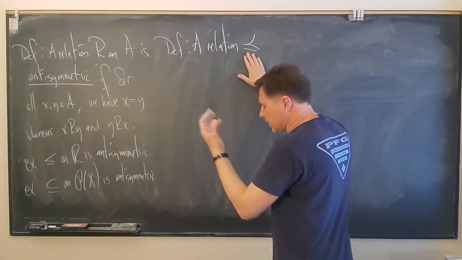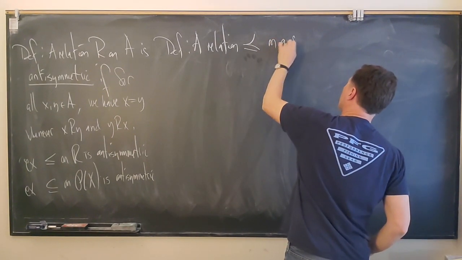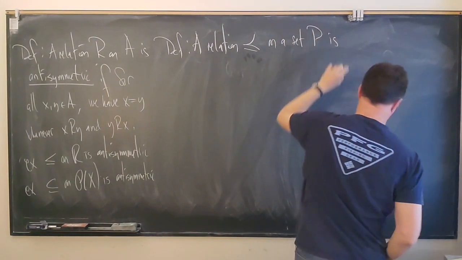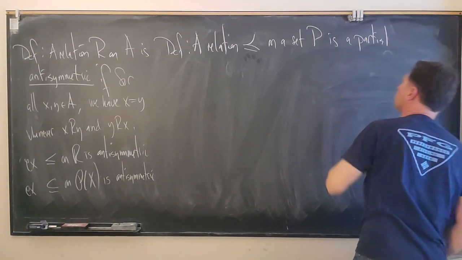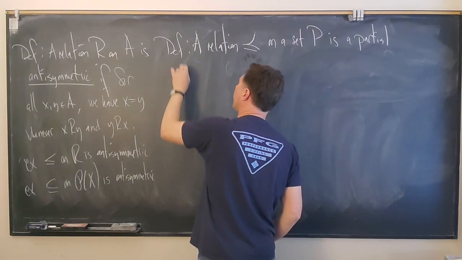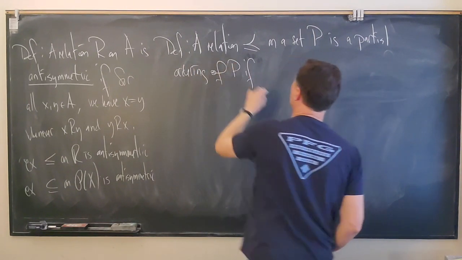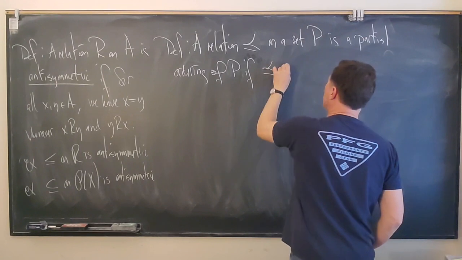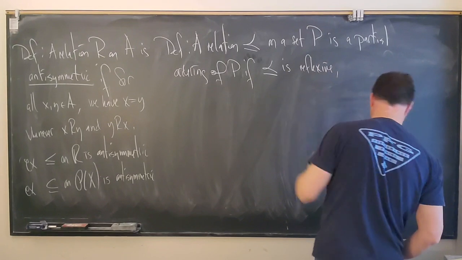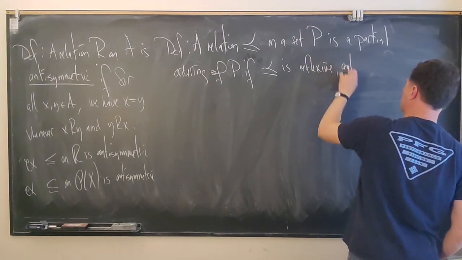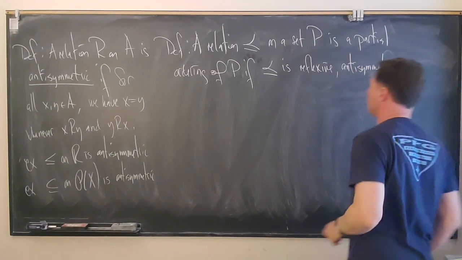So a relation, using this symbol, on a set capital P is a partial ordering of P if our relation is reflexive, antisymmetric, and transitive.